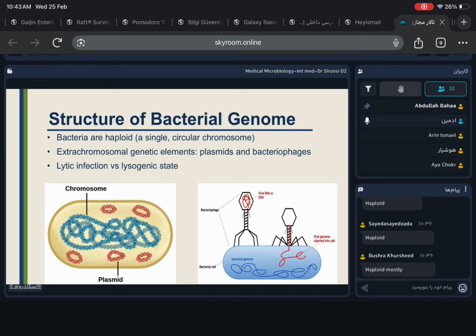So some bacteriophages, when they inject their genome inside the bacterial cell, cause the lytic infection. Their genome starts to replicate immediately. But sometimes bacteriophages cause lysogenic states.